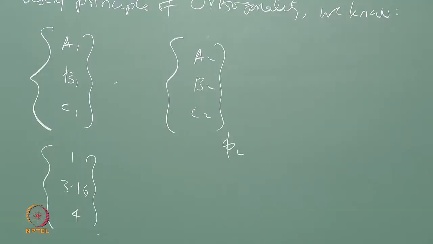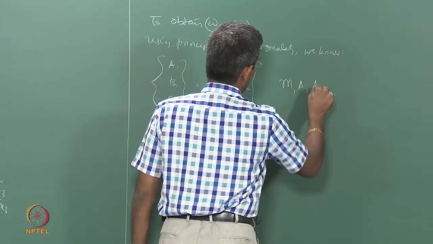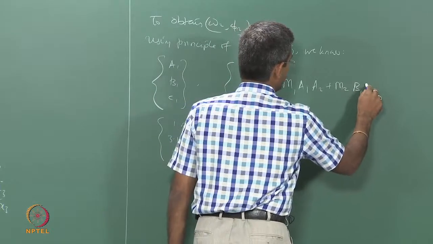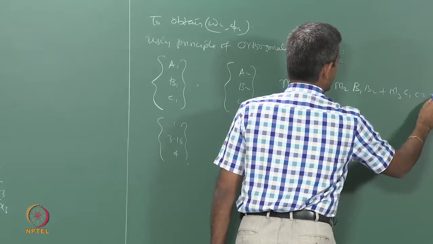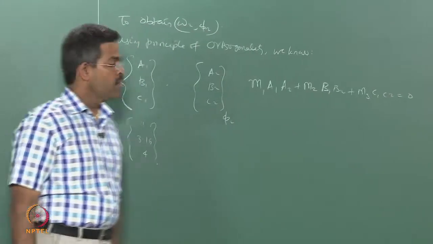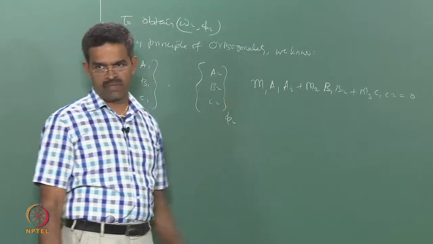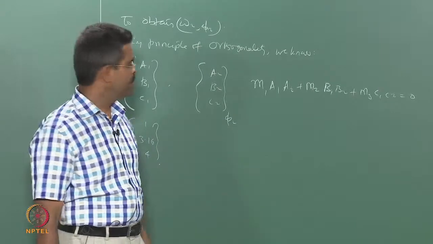So, let us write this condition: m1 a1 a2 plus m2 b1 b2 plus m3 c1 c2 is set to 0. Why is m getting multiplied? Because I am diagonalizing this with respect to the mass matrix. I could do it with k also, but I do not have k here.